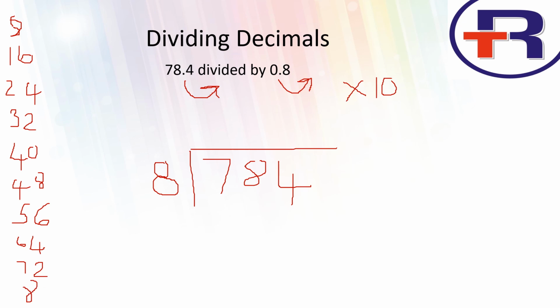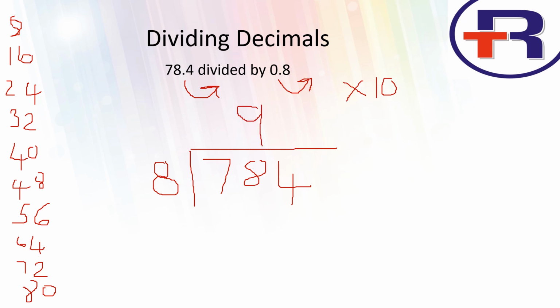I'm only going to go to 10. So 8 into 7, that's not going to go. So 8 into 78. Look down our times table. 1, 2, 3, 4, 5, 6, 7, 8, 9 times, which gives us 72.